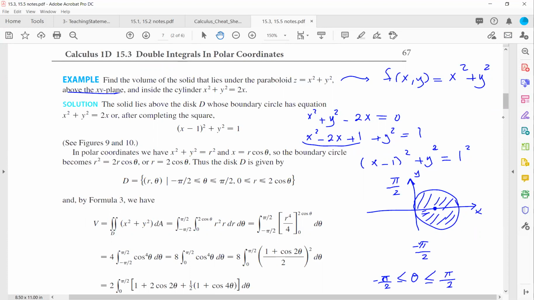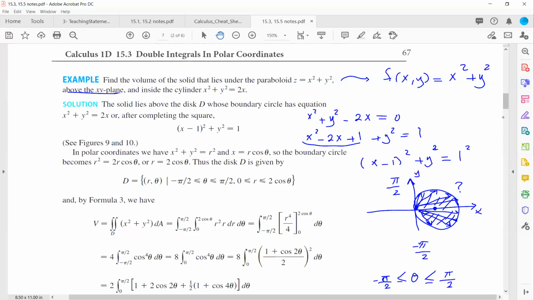Guys, be careful here. r ranges between 0 and these points on the circle. This is your r. So r ranges between 0 and this curve. But how do we find this curve?